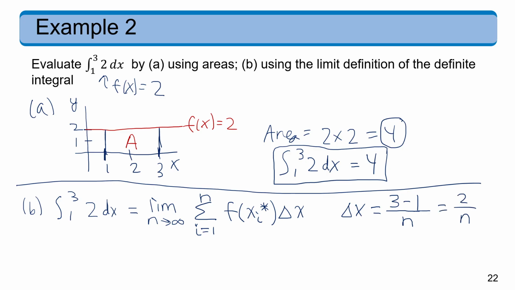Now let's think about the sample points. Remember, you can choose them to be anywhere within the given subinterval. So we're going to choose the sample points to be the right endpoint. That'll probably simplify our calculations.